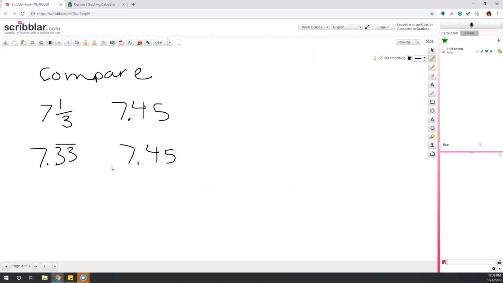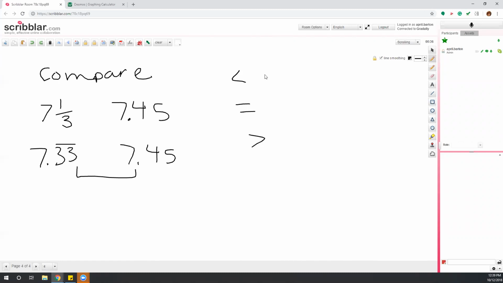So then which symbol should be here? Is it less than, equal to, or greater than in between these two numbers? Is 7.33 smaller, equal to, or bigger than 7.45? 7.33 is smaller, right?